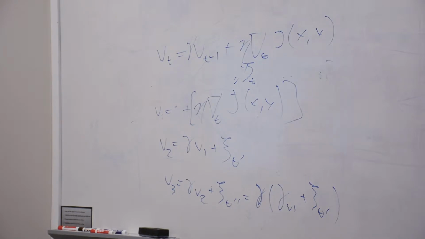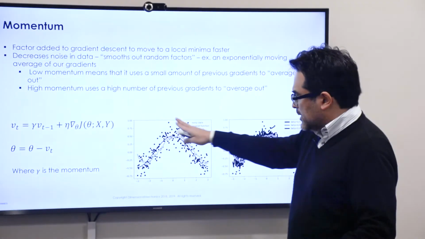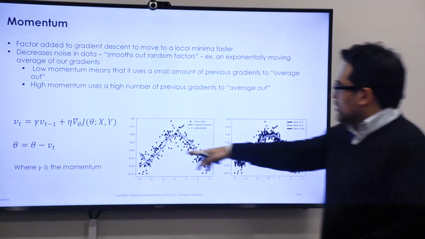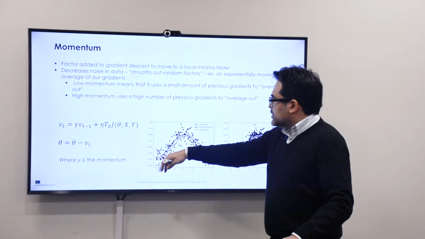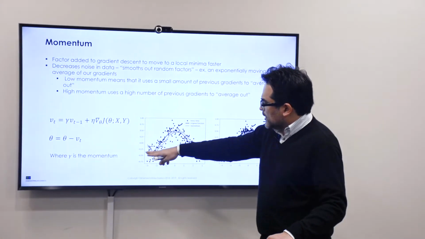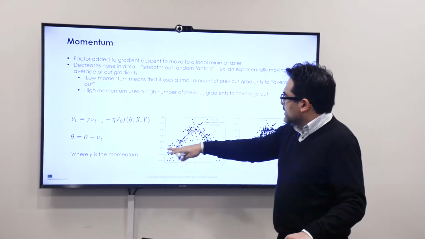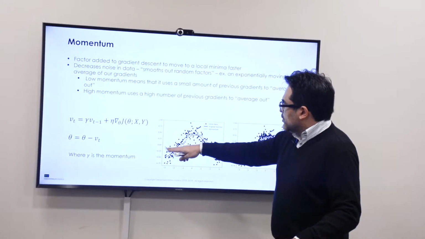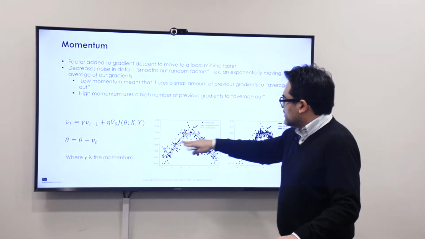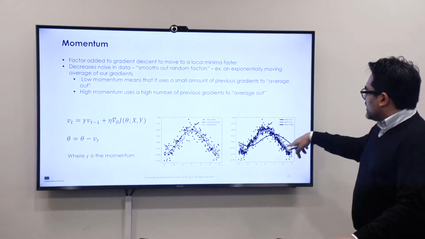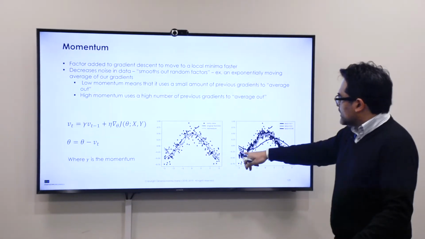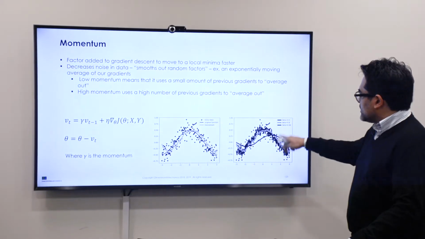It's a smoothing function. Suppose this is your training data. The original function that you're trying to map is simply a Gaussian. With momentum, you have a smoother curve. And if you vary the momentum, you vary the smoothness.